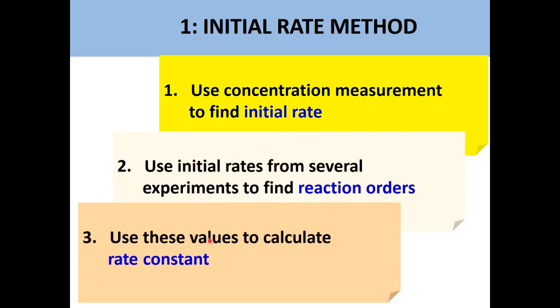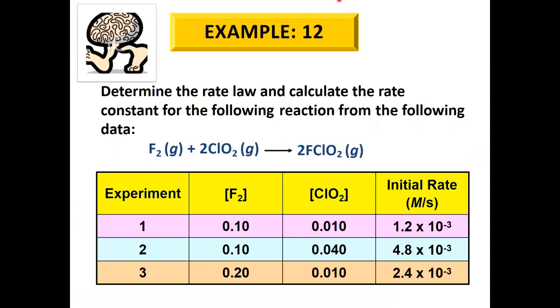And the last one, we have to use this value to calculate the rate constant. For example, we have example 12 here. You have to determine the rate law and calculate the rate constant, which is k.